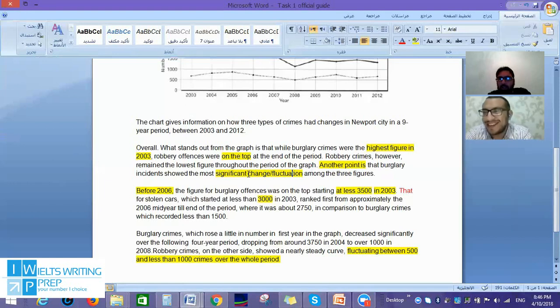Just asking whether both can be used. Okay, that's fine. I wouldn't say "significant change". I would say the most dramatic change, maybe. Or maybe we could use the verb "fluctuated the most", possibly, among the three figures.